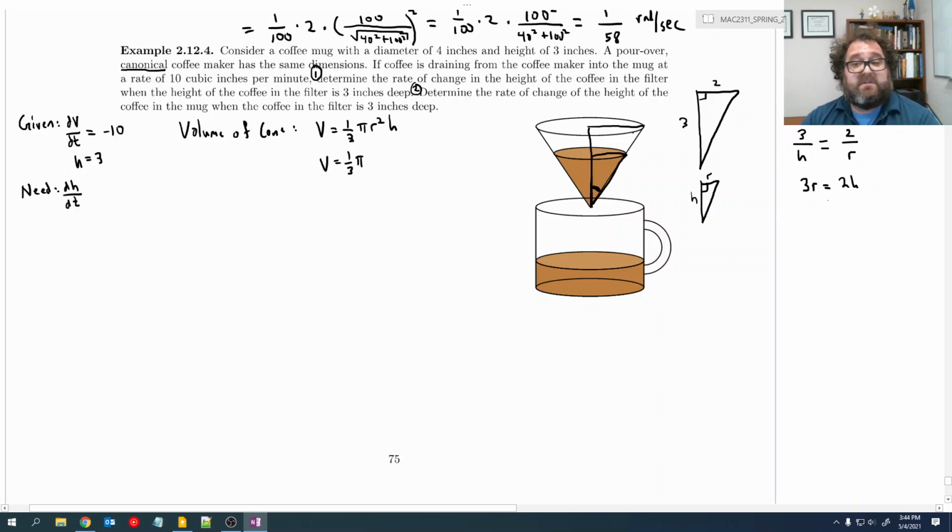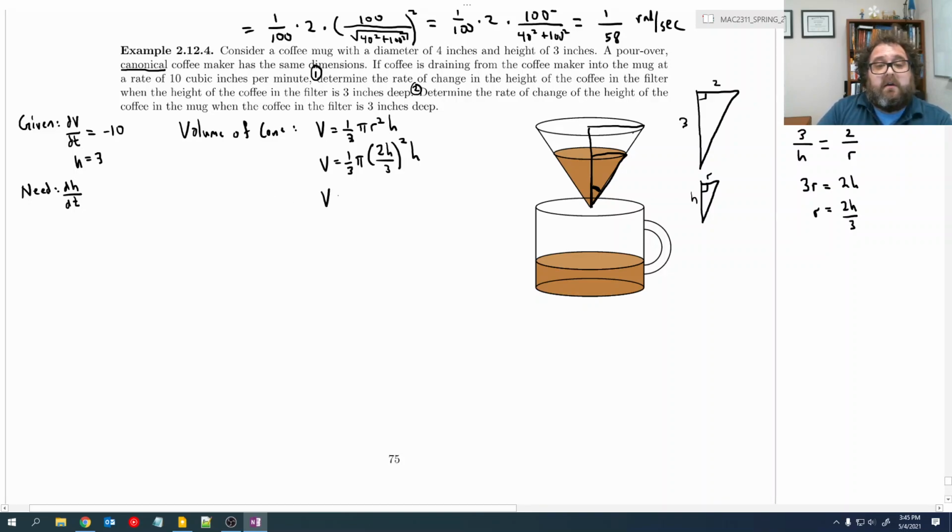So if we solve this for r and say r equals 2h over 3, we can go over here and plug in for r: (2h over 3) squared times h, and now we have a volume equation in terms of h only. Of course, I need to clean it up a little bit, but it only has V's, h's, and constants, which are fine.